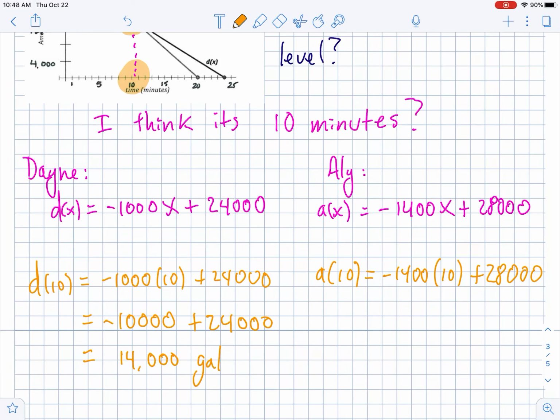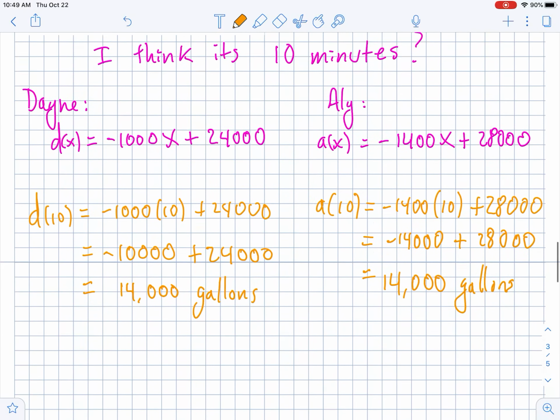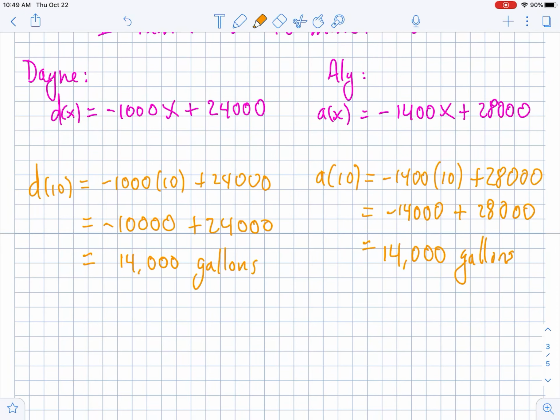If you take 10,000 off of 24,000, you get 14,000 gallons. Over here, we get negative 14,000 gallons plus the original 28K. So 28,000 take away 14,000. This one also equals 14,000 gallons.